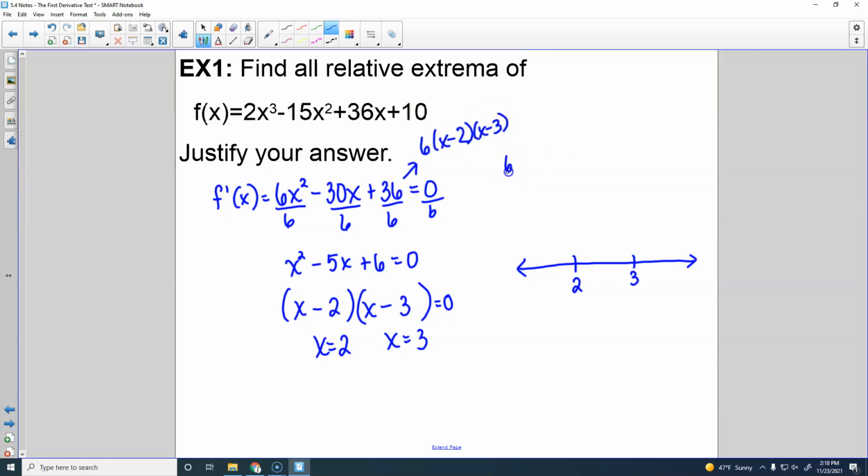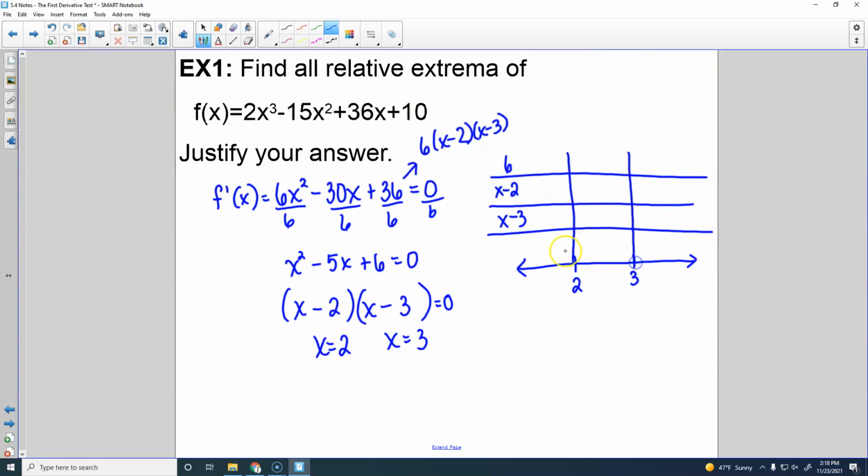It's really not that important to put 6 on your chart for this problem because 6 is positive. If you just want to plug back into the original, you can, and into the derivative. But 6x squared minus 30x plus 36 is 6 times x minus 2 times x minus 3.